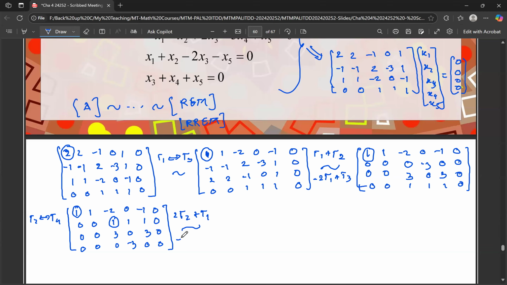And then -3 R2 added to R3. Okay, what do we have?